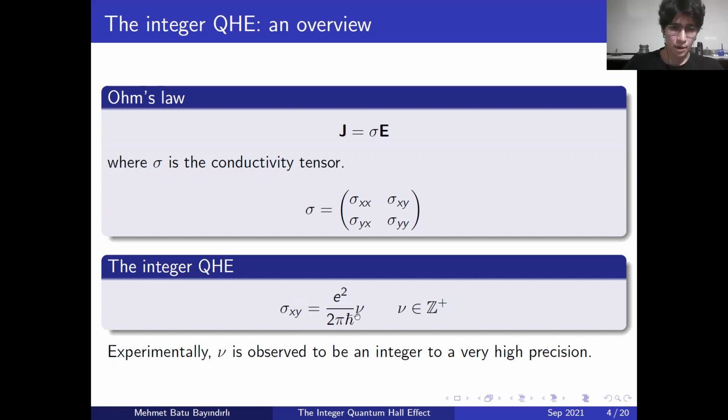This part is a constant, where e is the electric charge and h is the Planck constant. So this quantity is quantized by an integer nu. This nu is an integer. So this is the quantum Hall effect, and from experiments, we know that this nu is an integer.